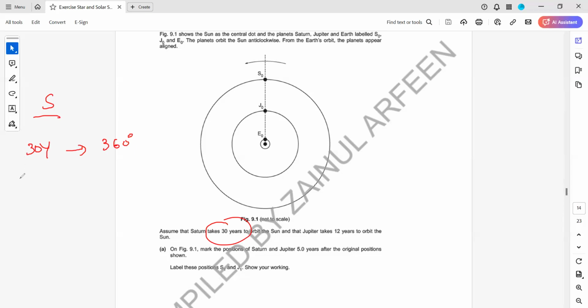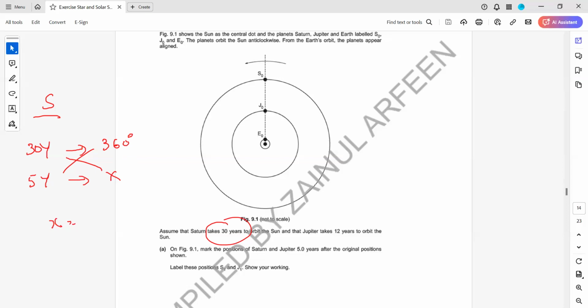We want the position after 5 years. So 5 years, how many degrees? X, cross multiply. The answer for this will be 60 degrees.